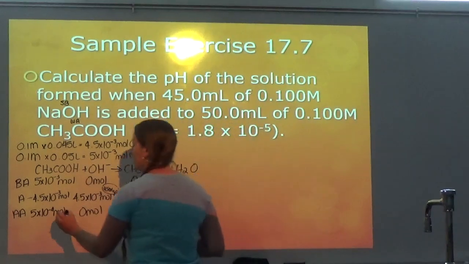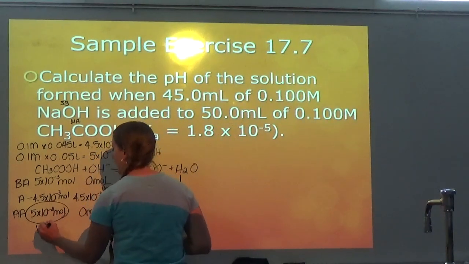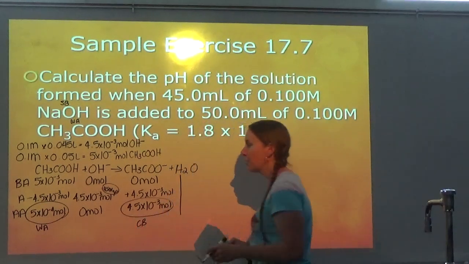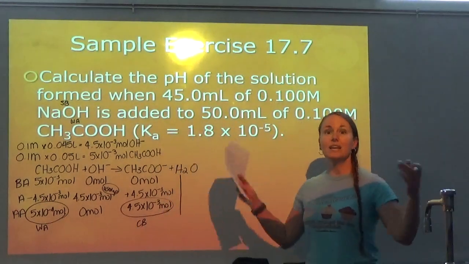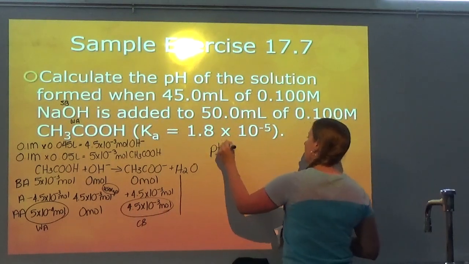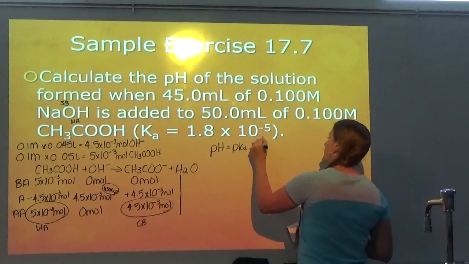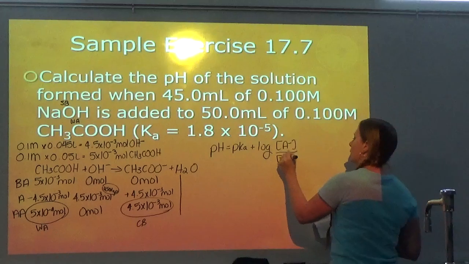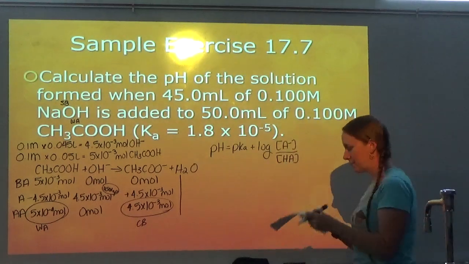So once you see that you have some weak acid and some conjugate base, what should stand out in your mind? Henderson-Hasselbalch. Okay, so Henderson-Hasselbalch, remember, says pH equals pKa plus the log of your conjugate base over your acid, just like that.